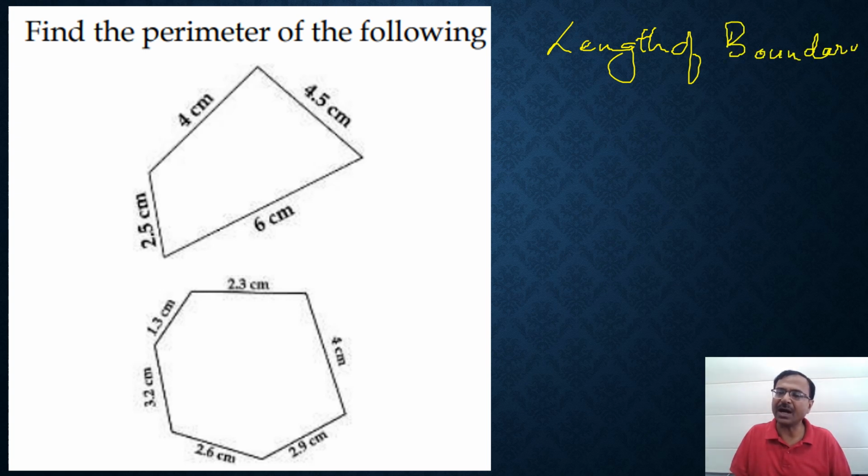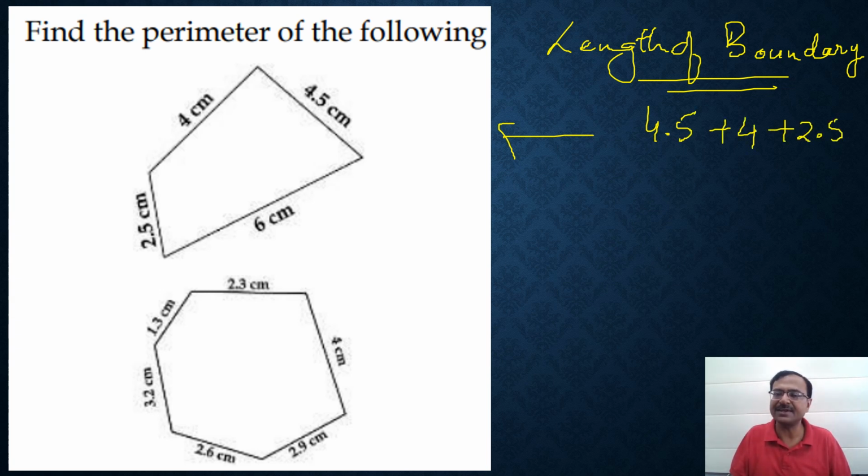That means if you start at any point on the boundary, go around it once along the boundary edges and come back to the starting point, then the distance covered by you is equal to the perimeter of that particular shape. So if you have a quadrilateral, a four-sided figure, shown in the first figure here, you can see 4.5 centimeter is one of the sides, 4 centimeter is the second side, 2.5 is the third side, and 6 centimeter is the other side.